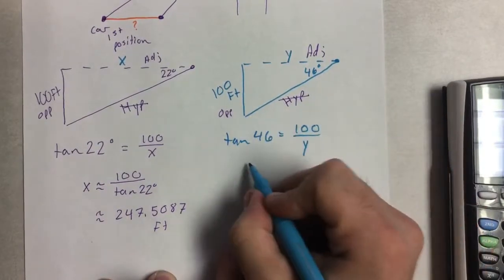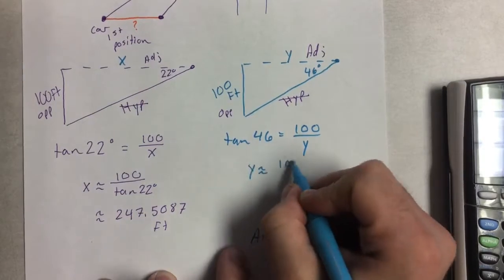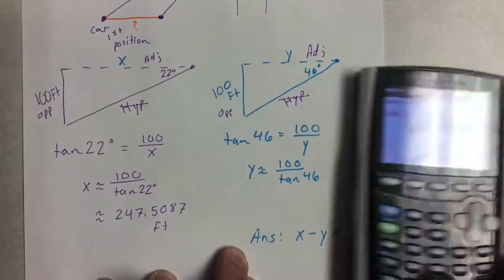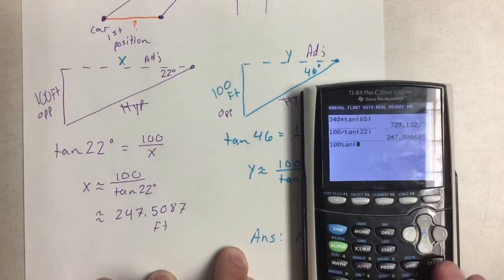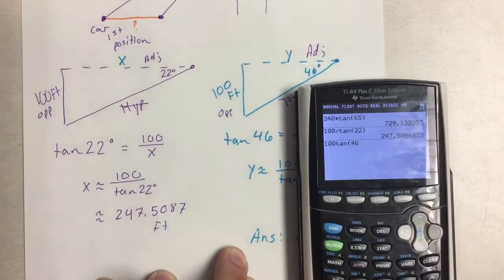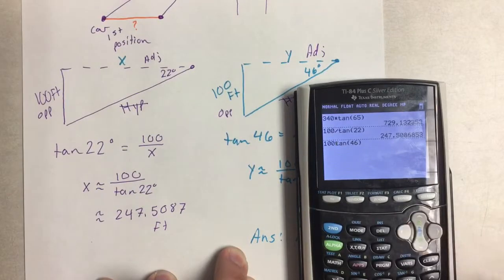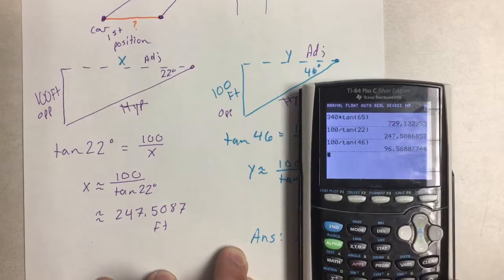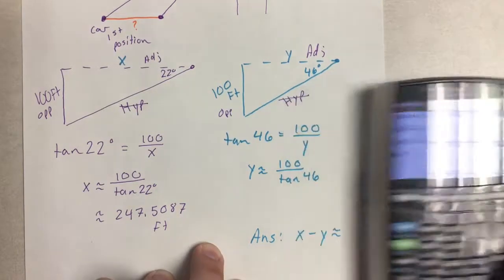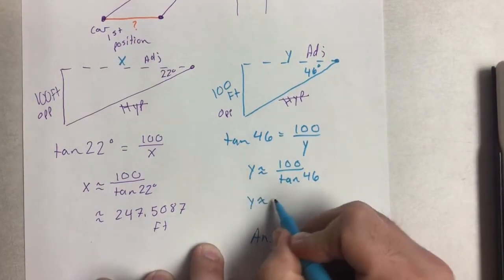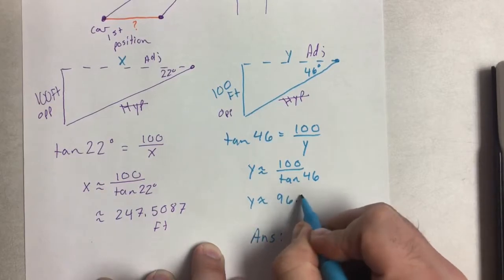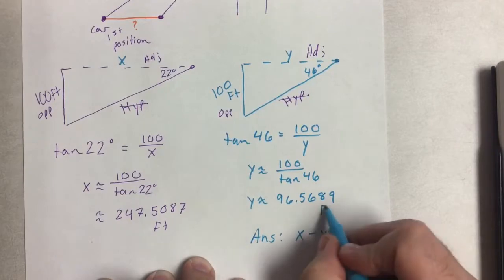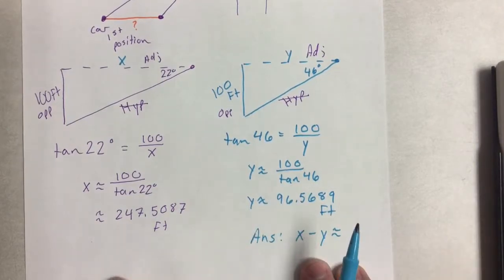Again, denominator, divide. So 100 divided by tangent of 46, and we get 96.5689. So our answer will be the difference of the two.